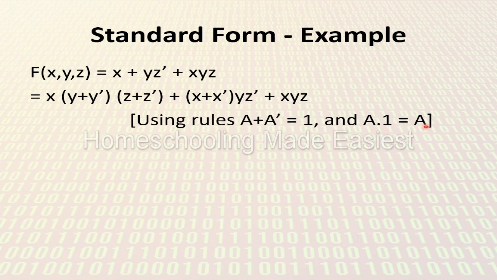Therefore, x times 1 is just equal to x. It's like we are multiplying x by the values 1 and 1, which gives us x. So this term is basically the same as the term x. That's the first step.